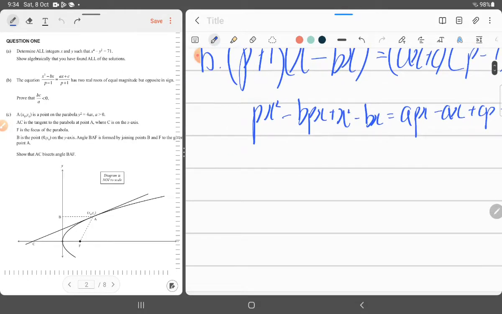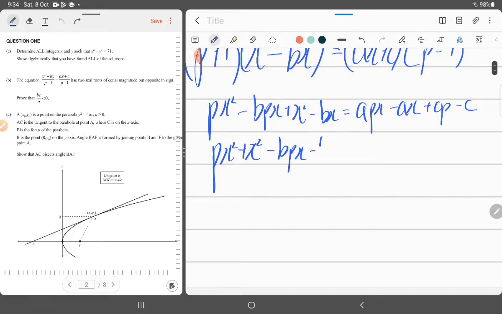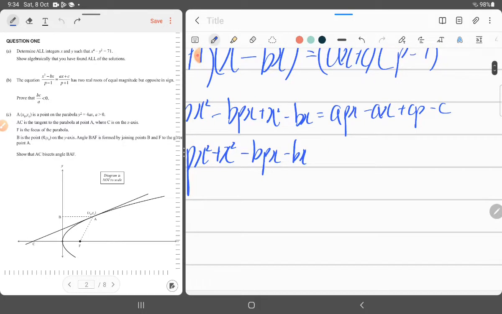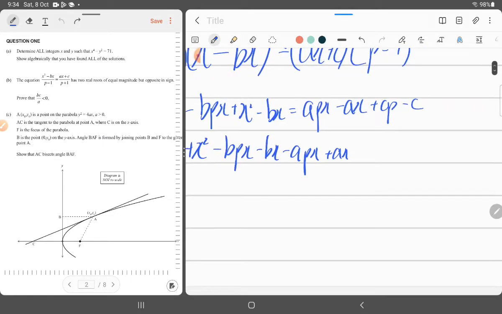Yeah, then we get this all to one side: px squared plus x squared, take away bpx, take away bx, take away apx plus ax, take away cp plus c equals 0.